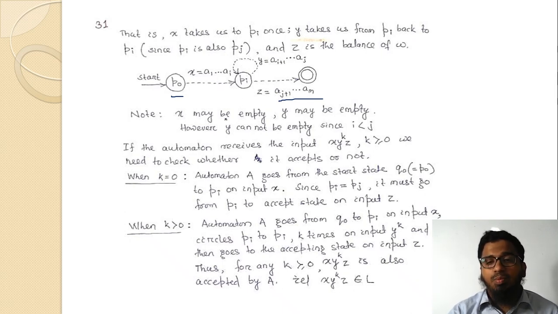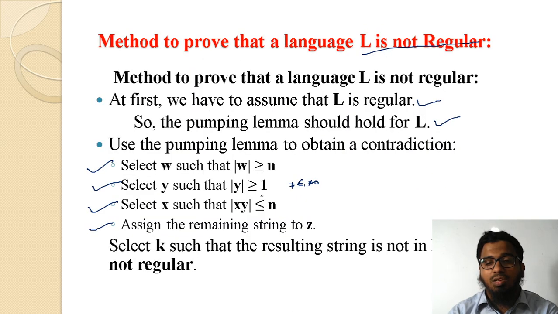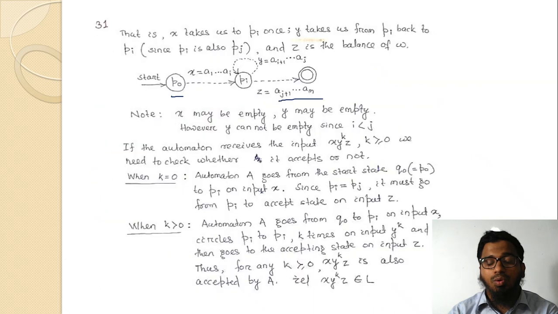Here x may be empty, but y cannot be empty since i is less than j, so y should not be epsilon. If the automaton receives the input x y to the power of k z, where k is greater than or equal to 0, we need to check whether it accepts or not.